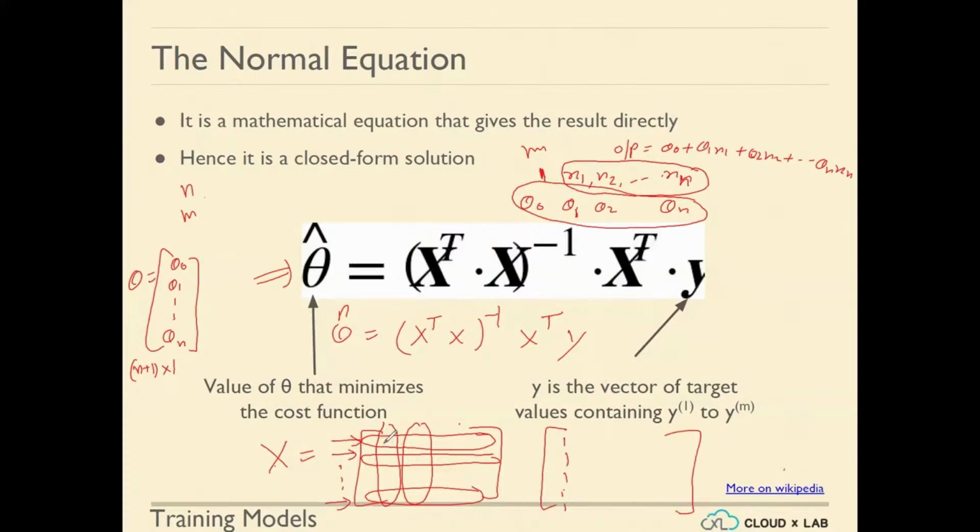Suppose here I have x11, then the second feature of the first input, then another feature of the first input, right?